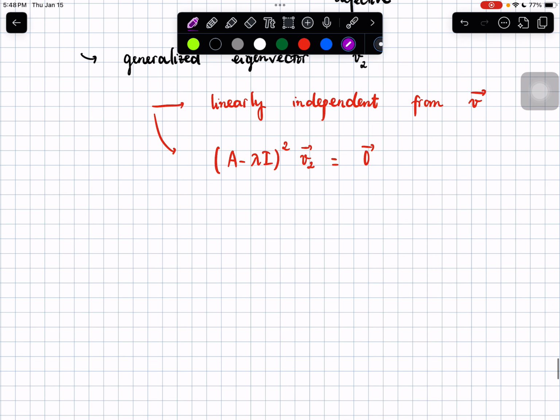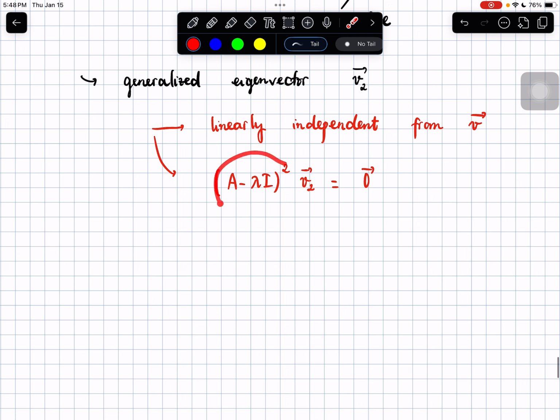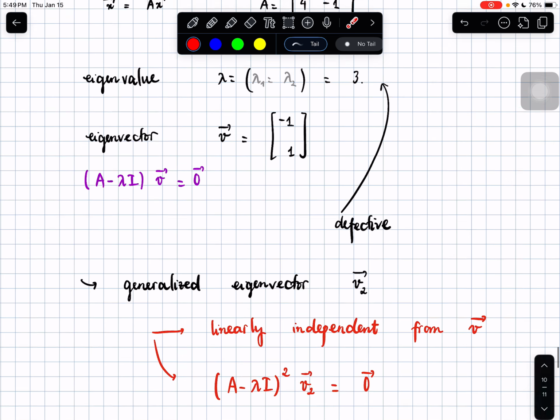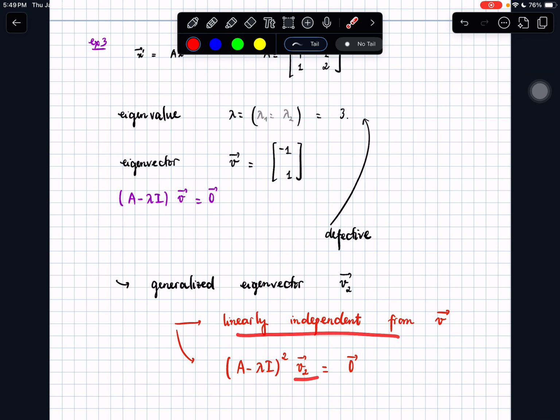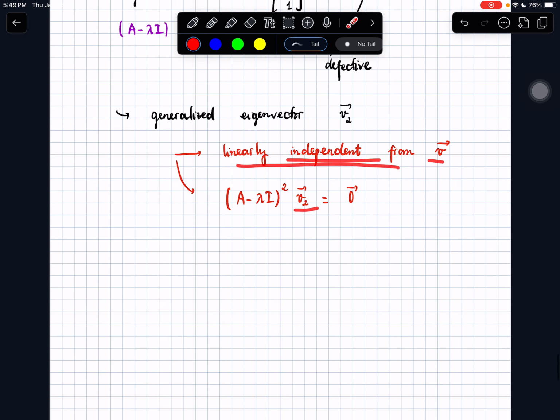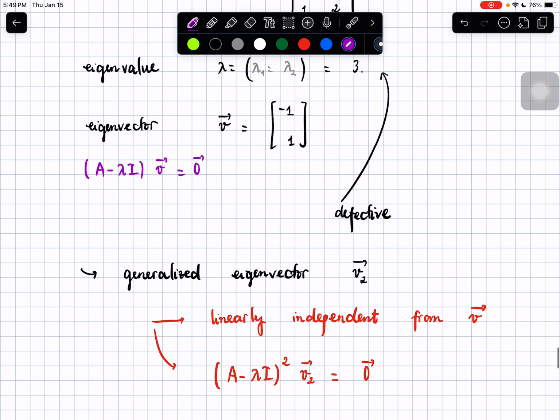If you compute that explicitly, this one is actually the 0 matrix, 0, 0, 0, 0. And this is satisfied automatically because the 0 matrix times any vector will give us the 0 vector. So we only need to choose V2 independent from V, which is minus 1, 1.